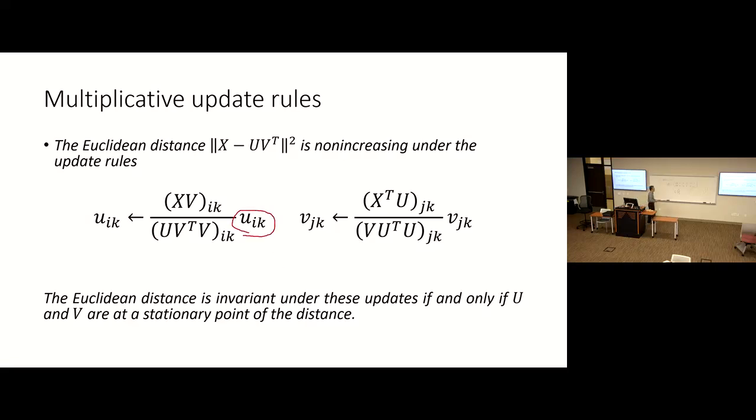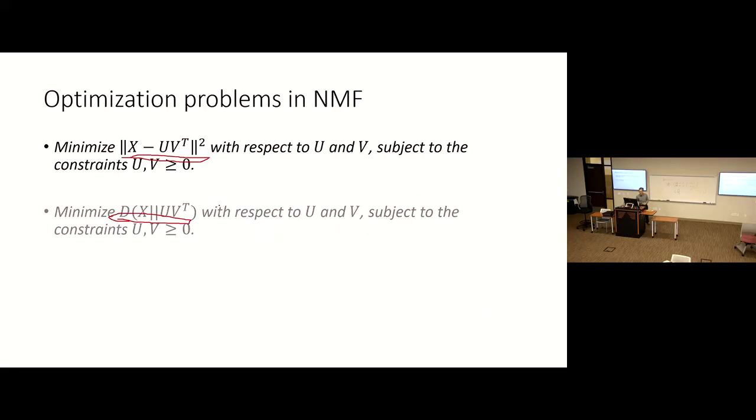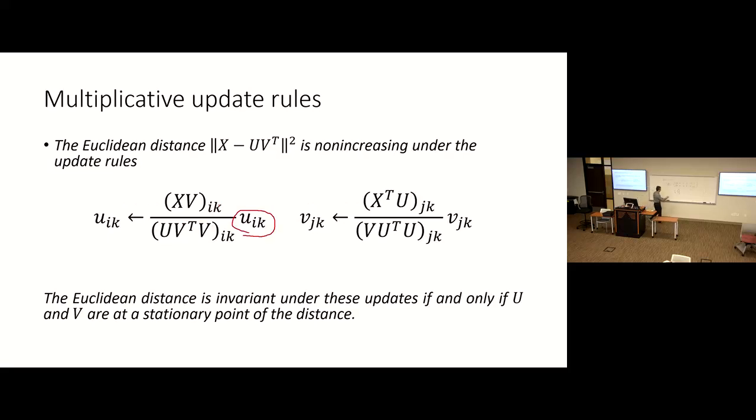So here we use a different notation, okay? So X, so UV. Sometimes people use WH to approximate V, but here we use UV to approximate X. So they are the same.